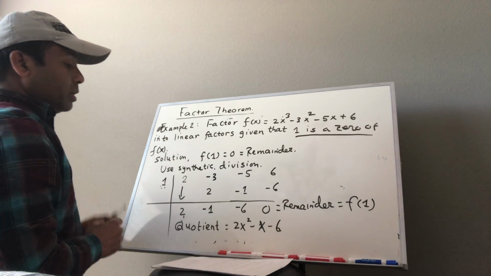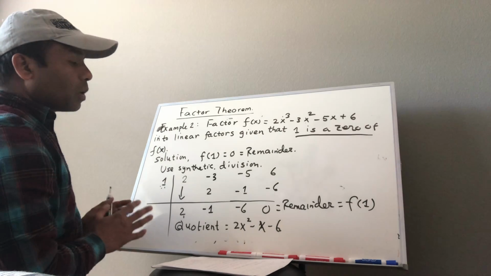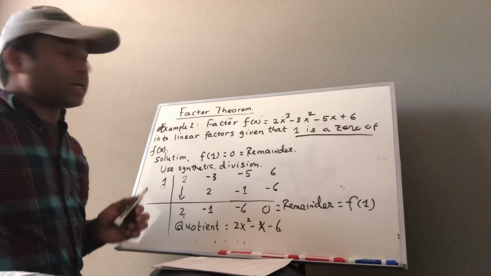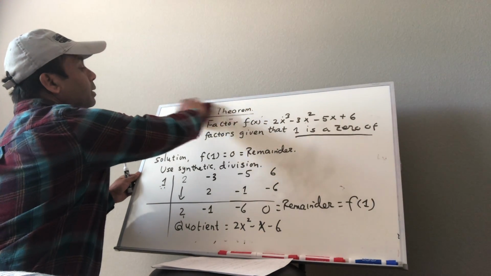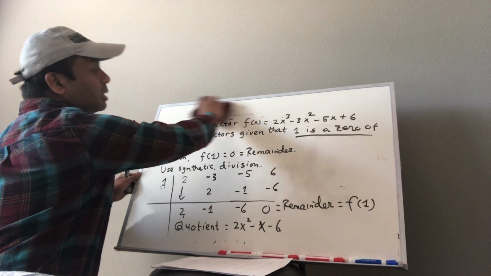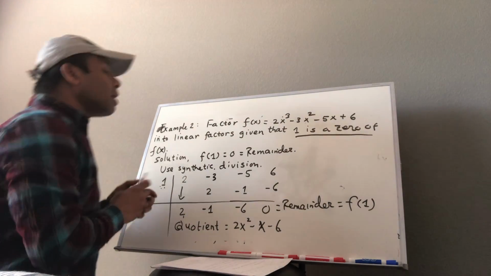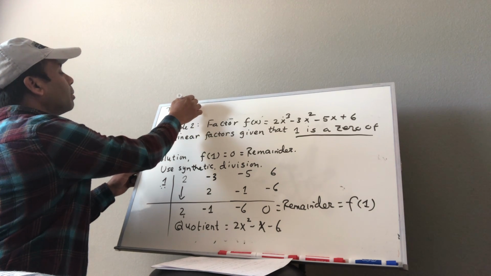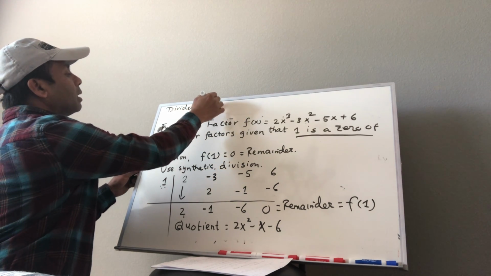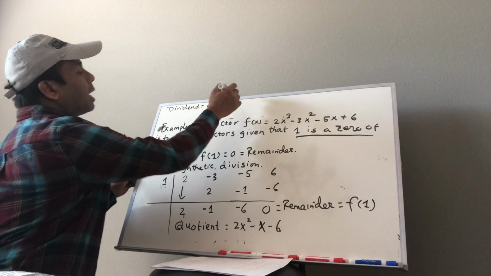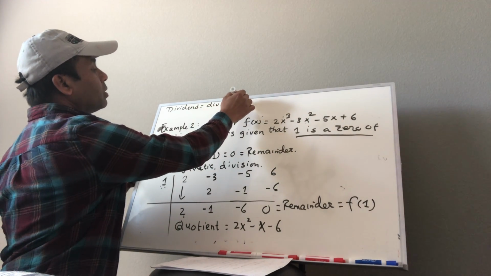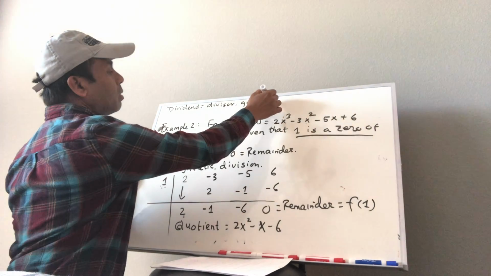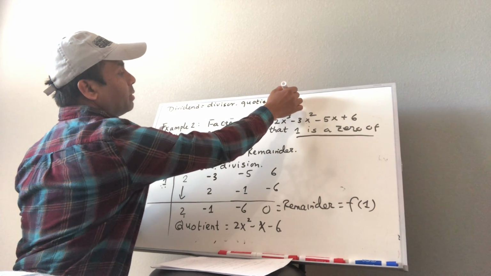Right? So now we got the quotient and we got the remainder equal to 0, and you just use the division algorithm. The division algorithm tells you the dividend equals divisor times quotient plus remainder.